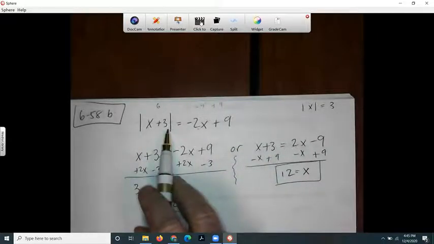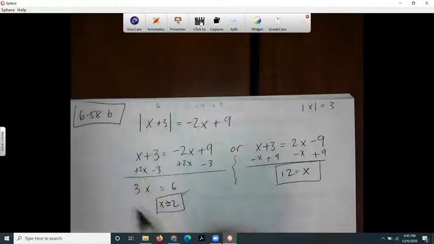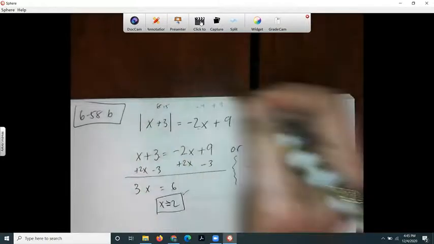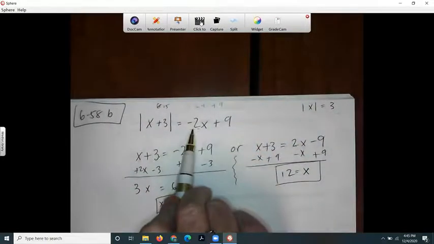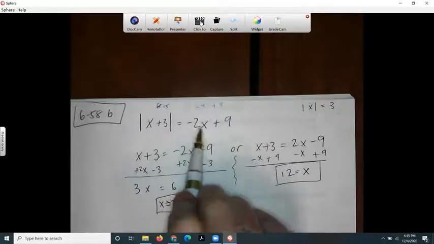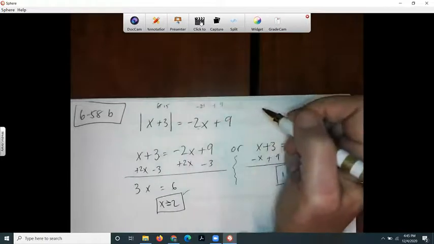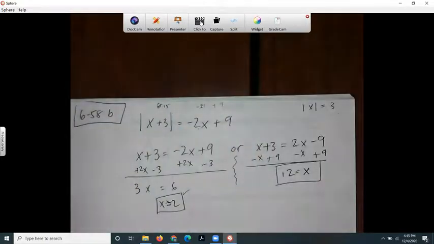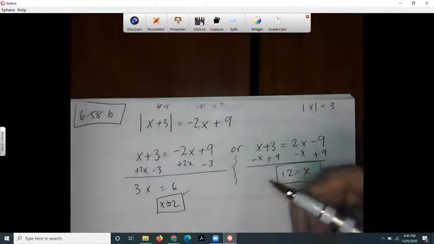12 plus 3 is 15. And then negative 2 times 12 is negative 24 plus 9. Well, that's negative 15.